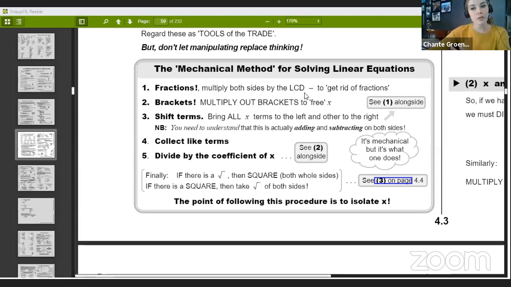I can't multiply it by 2 because I have 3 over 2. That's not my lowest common denominator. Common means on both sides, so therefore I have to use 4. Now, lady. Okay, good. I'm happy. You are happy.